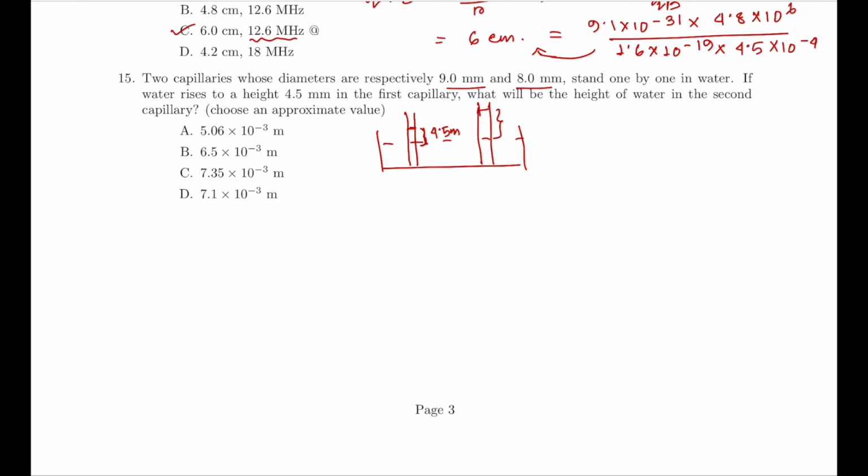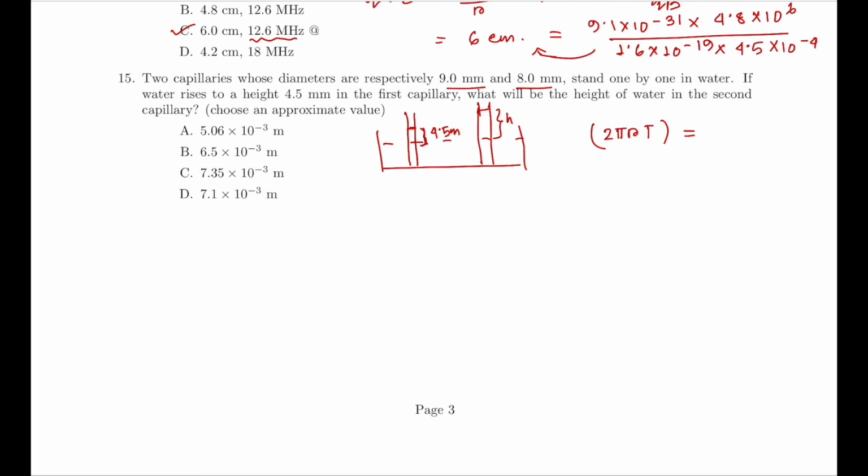So as we know, the force due to the surface tension must balance the weight of the water that has been raised.